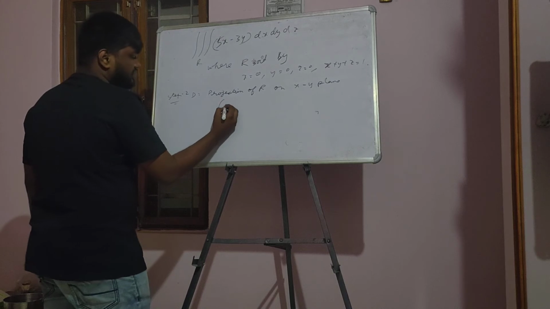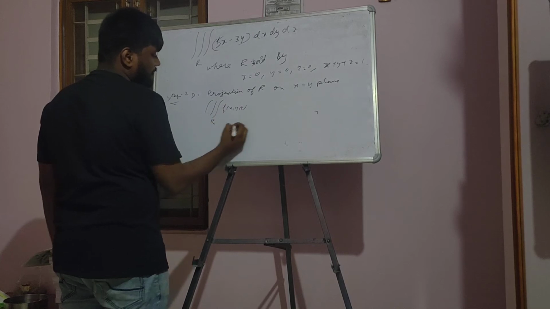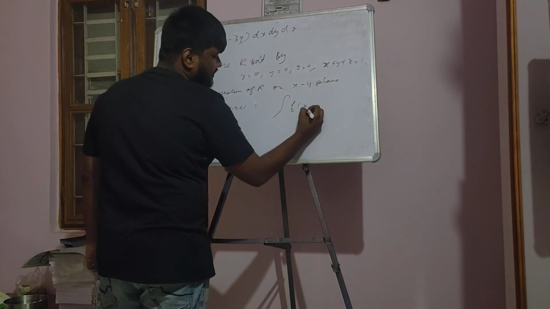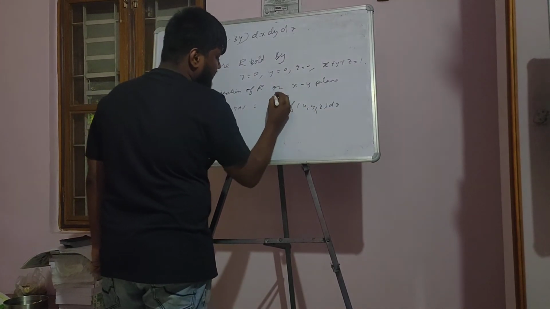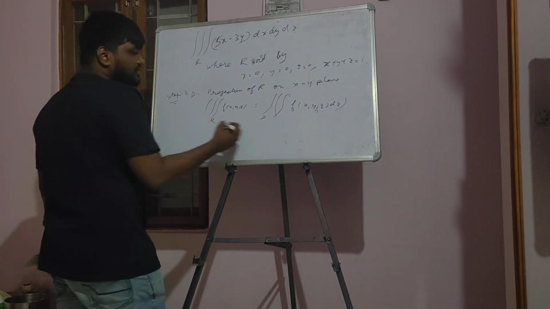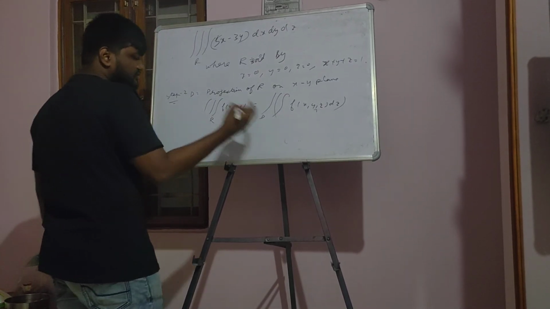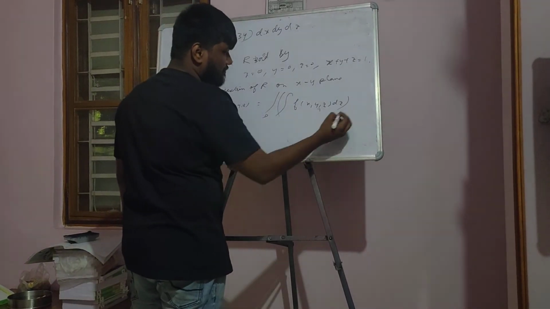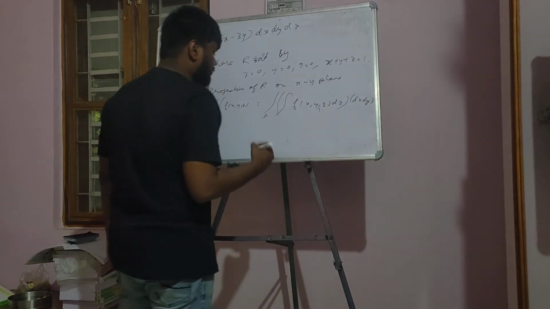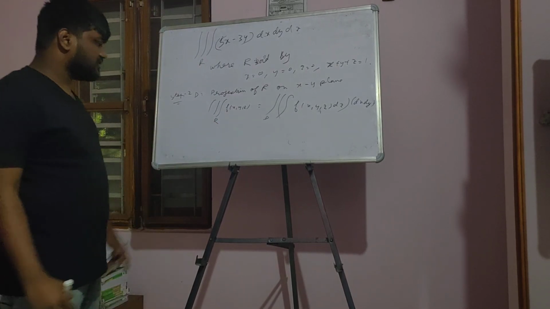I said that the integration of f of xyz in the region R is nothing but, since we took the projection on the xy plane, we first have to integrate with respect to z, and then the resultant function has to be integrated with respect to the projection D. So it will be a function of x and y, and we want to integrate it in the region D, which is also a region in the xy plane. So it can either be dx dy or dy dx, whatever is your choice, as it suits according to D.